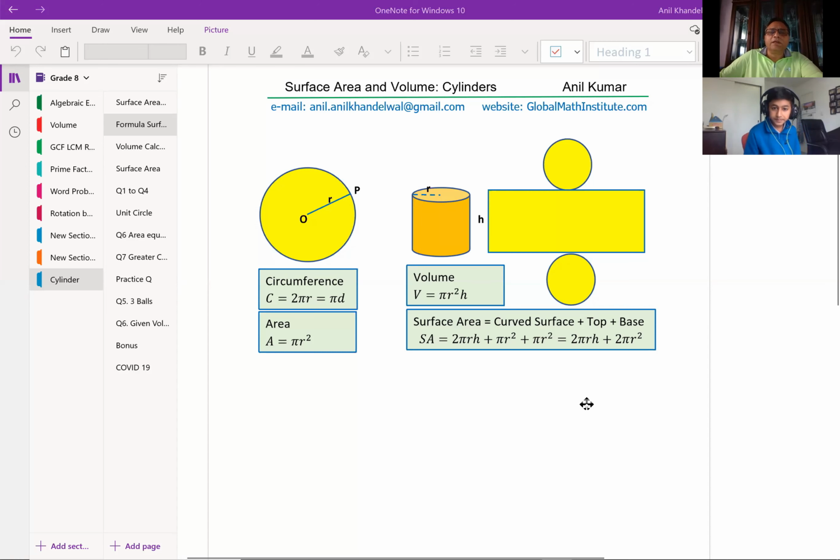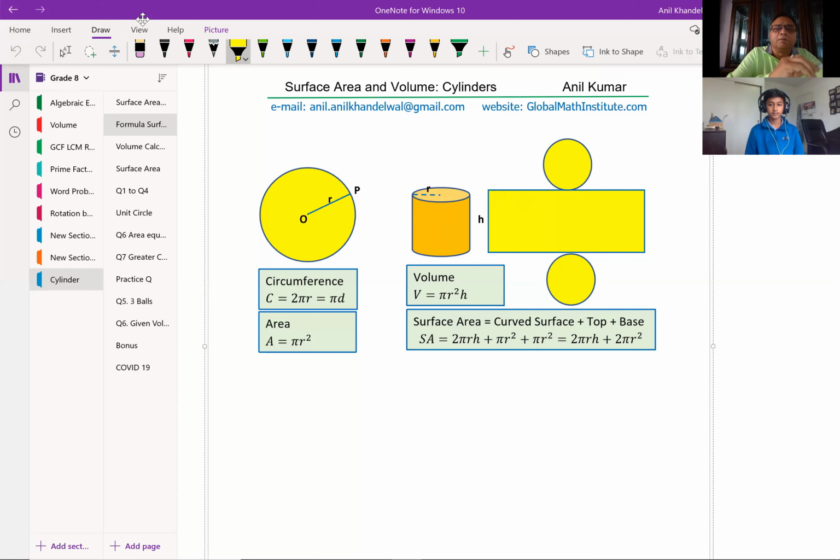Yes. So this is your cylinder right there shown. And in the case of a cylinder, we have a circular base. We say that the base is a circle. So the area of the base is basically pi r square. And if you cut it open, it forms a rectangle as shown here.